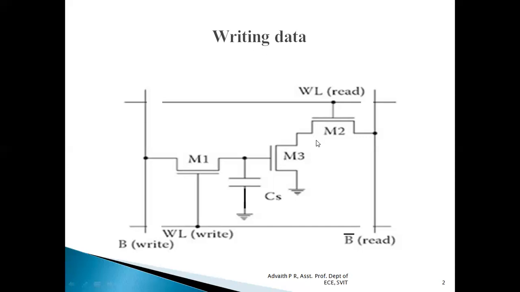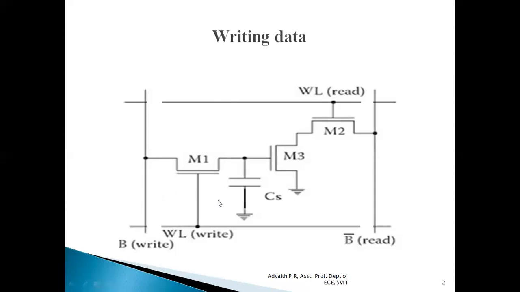To perform this write operation, we first place the data to be written in the bit line called write. There are 2 kinds of data as per digital logic: logic level 0 and logic level high. If we want to store logic level high, we will be passing logic level high in this bit line.